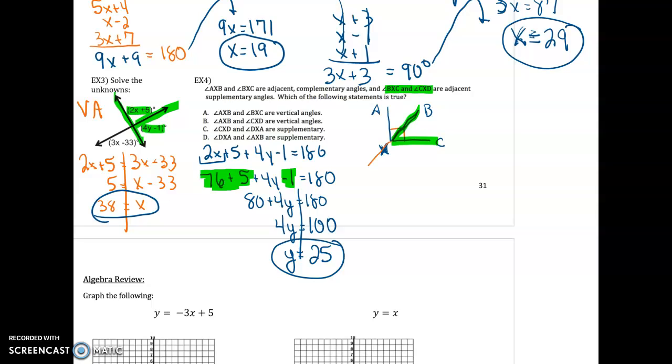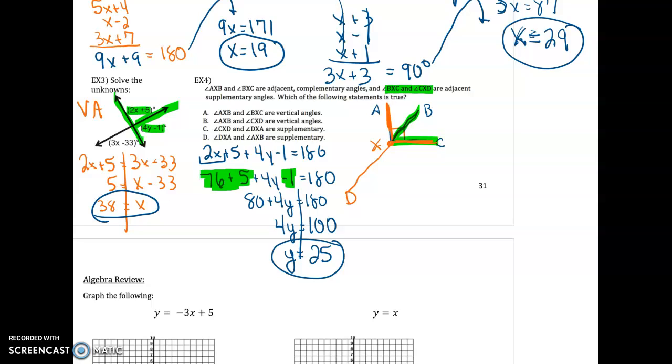So I'm just going to extend this out, because now I'm getting this 180 look, and I'm going to put D here because now they are adjacent to each other. And now I can see what is true. Let me just redraw all of this. Put my X right there.